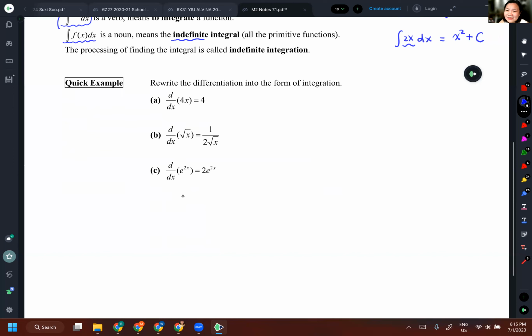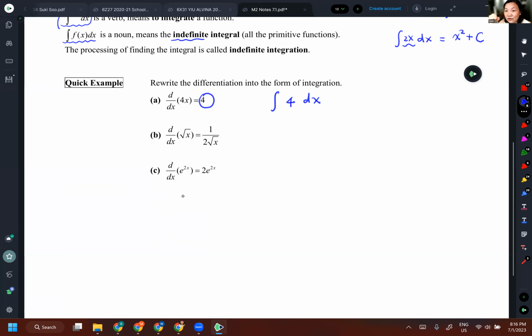Okay, I think in your mind you just imagine this is like a change of subject. Now this is the derivative function, so I need to put the derivative function inside. Here I need to write 4 inside.